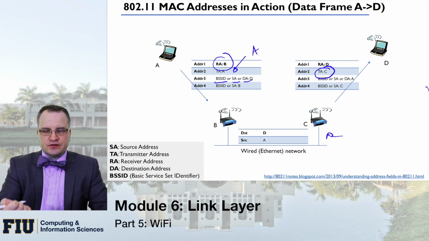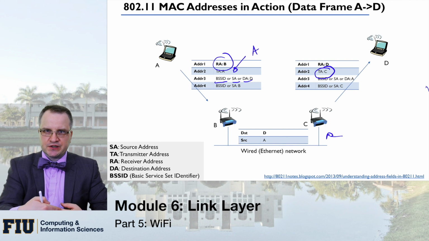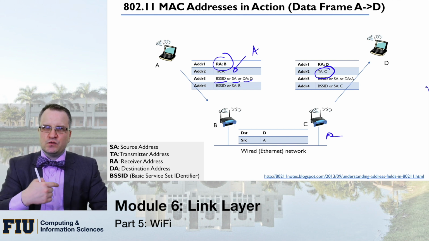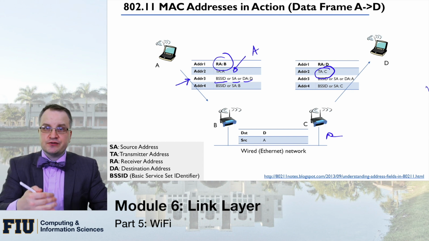In this case, the missing information is the destination. We specified that we send it to B, because that's what the transmission is right now. We send it from A, but we didn't say where this frame is supposed to go. And this is exactly the address where we place this information. We include, as part of address 3, the final destination.